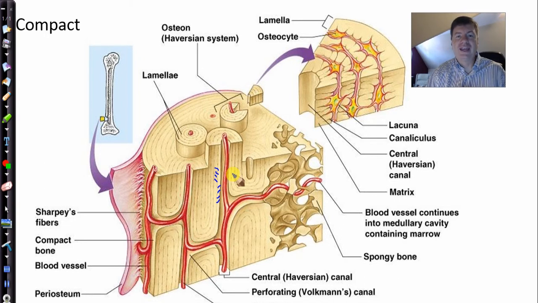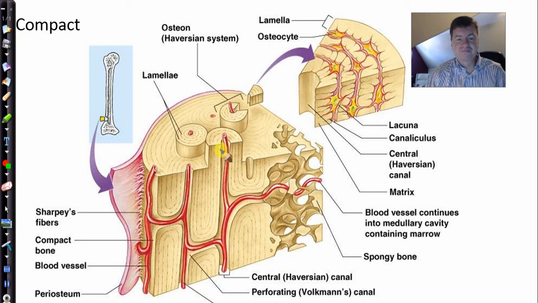It's able to withstand a lot of pressure and force, and of course that is one function we associate with compact bone, is that it can handle forces and tension and stress. So the collagen and the calcium and phosphate make up the lamellae, but the collagen runs in different directions, so we have a stronger osteon as a result.